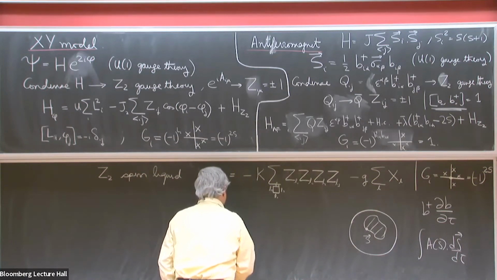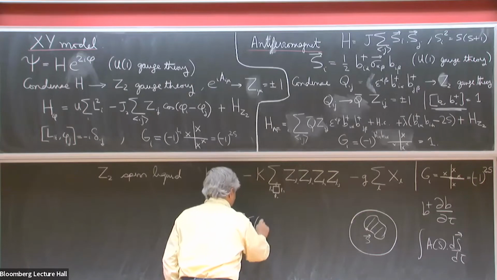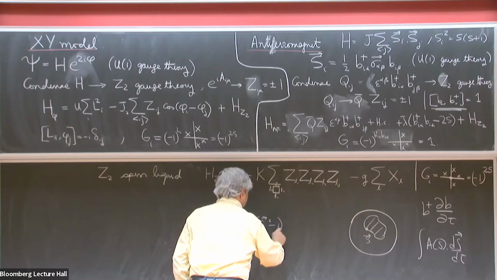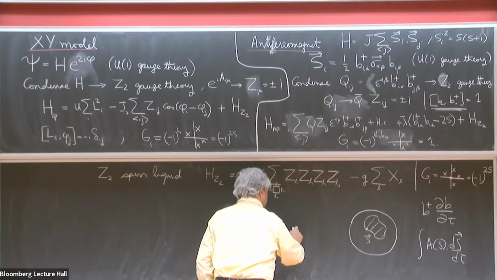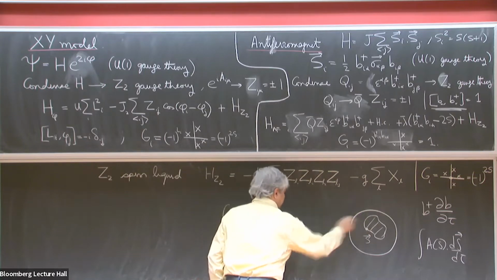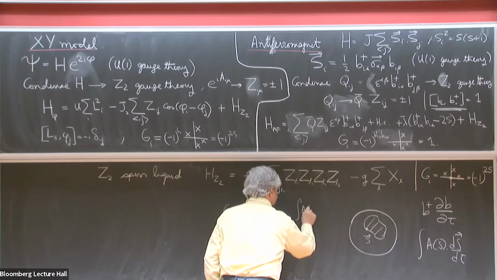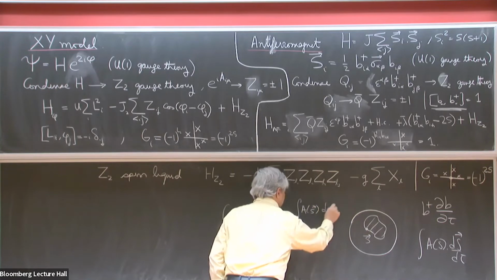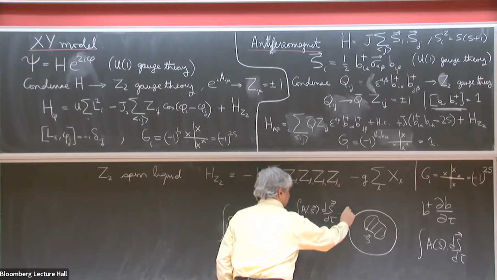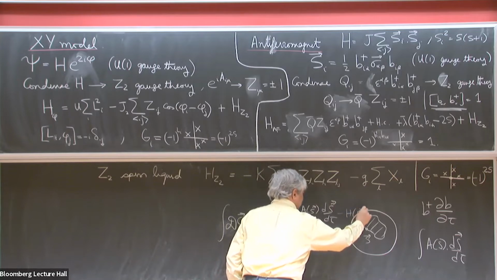So there's an exact identity. The integral over dS, delta of S squared minus 1, e to the i A of S dot dS d tau. This is the Berry phase term of a single spin with some Hamiltonian for the spin.